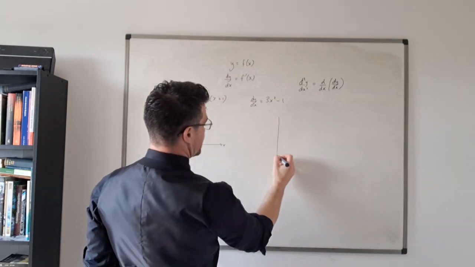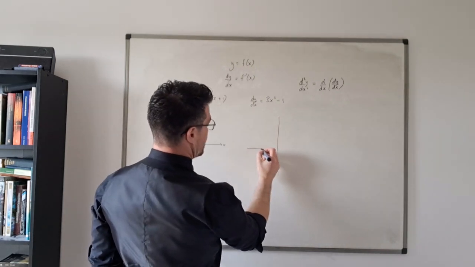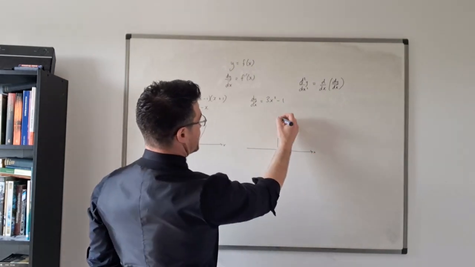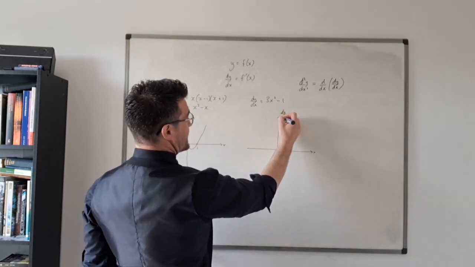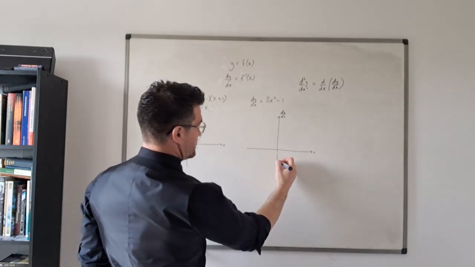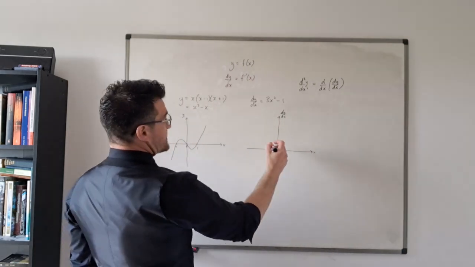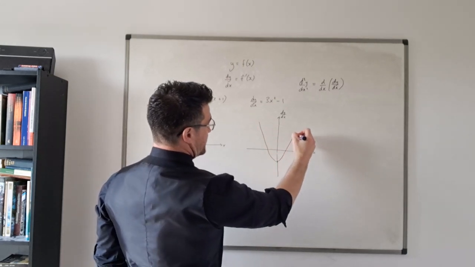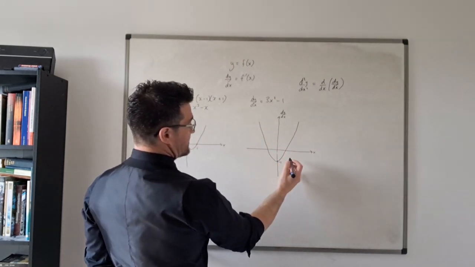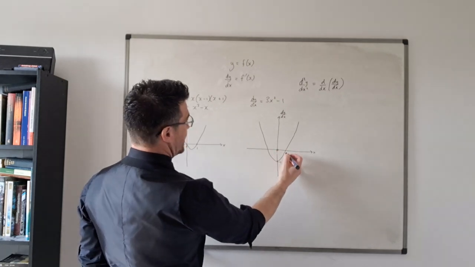Okay, what does the graph of this look like? 3x squared minus 1. So we've got x here, and we don't have y here, we've got dy by dx. Okay, so 3x squared minus 1 is a positive quadratic, it's going to look something like that. Minus 1, that's 0.